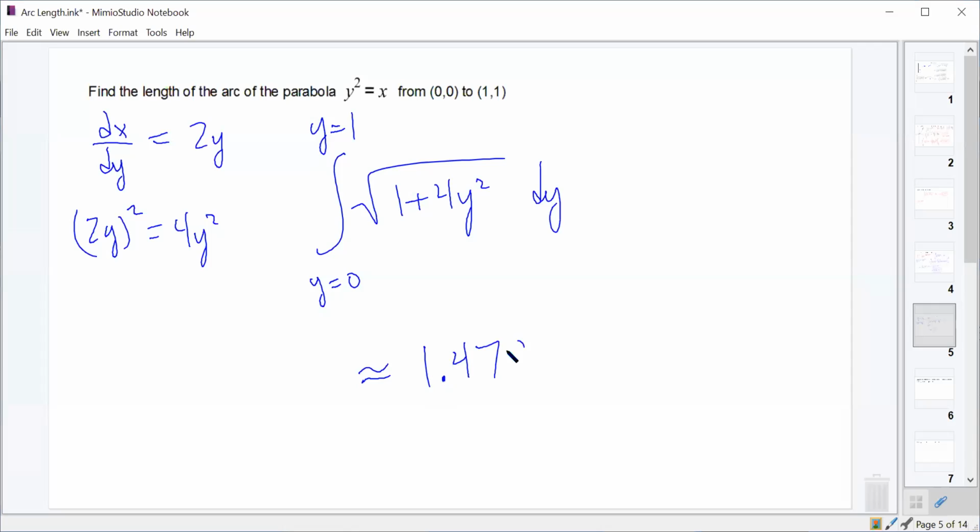Hopefully I typed that in right. 1.479. Y'all agree with that? Yeah.